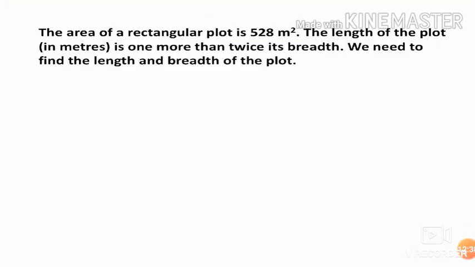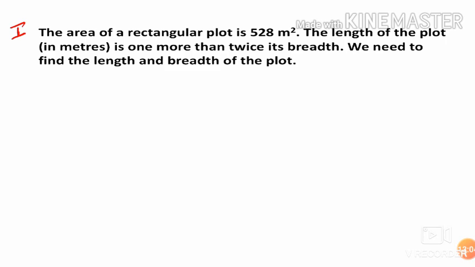Now let's try extracting quadratic equations from some word problems. So let us look at this first word problem, which says that the area of a rectangular plot is 528 meters square. The length of the plot is 1 more than twice its breadth.